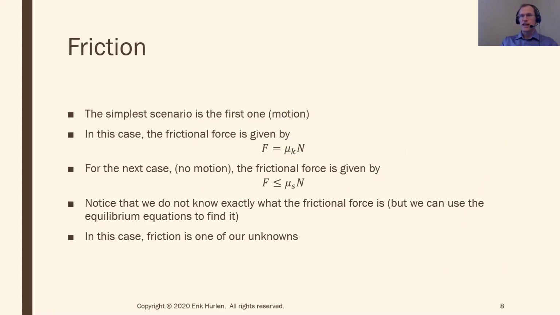When you do your statics analysis, if this is a 2D scenario like we've seen on the previous slides, you have three equations of equilibrium: force in the x direction, force in the y direction, and moment around some point. The frictional force F just becomes one of your unknowns for the problem. So you can find it through the equations of equilibrium.